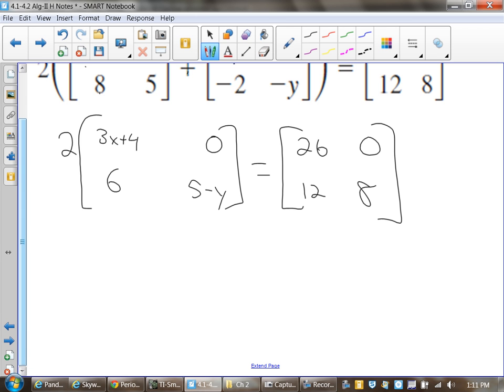I get 2 times 3x plus 4. What does that have to equal on the right? 26. 2 times 6 equals what? 2 times 0 is? So 2 times 5 minus y has to equal how much? And there are your 2 equations you have to solve.